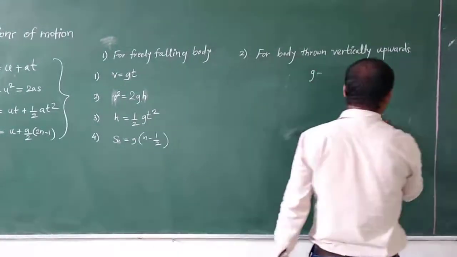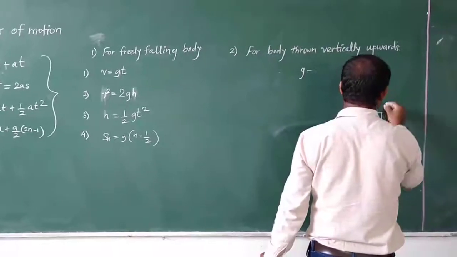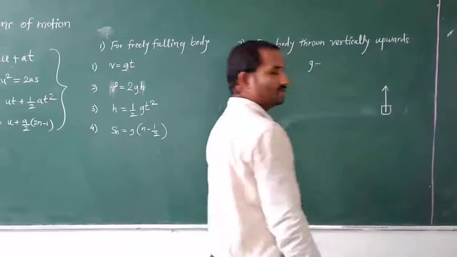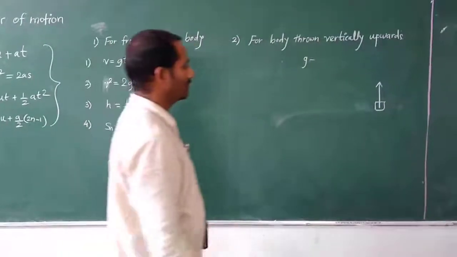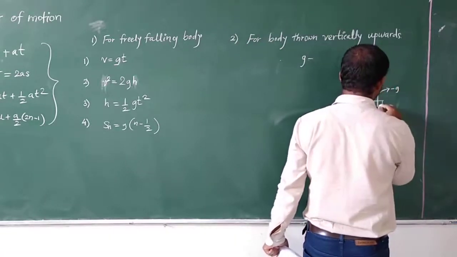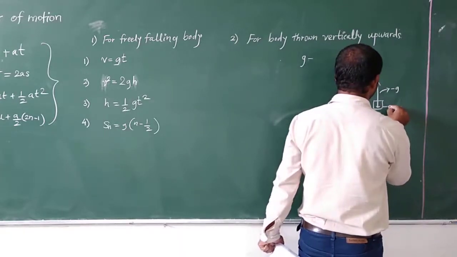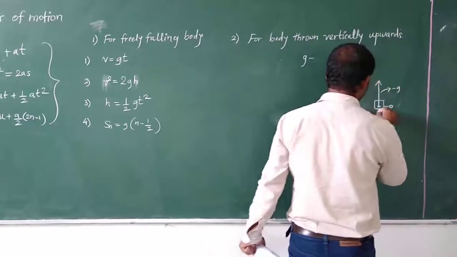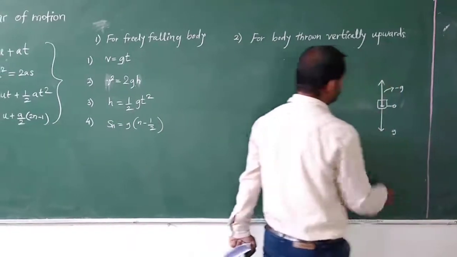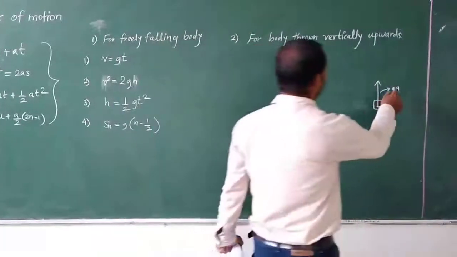Suppose this is the chalk, I am throwing it vertically upward. So how does g change with respect to the chalk? g becomes minus g. Suppose this is a stable position, I will consider here 0. Along this direction g is positive, and opposite to that direction g is negative.